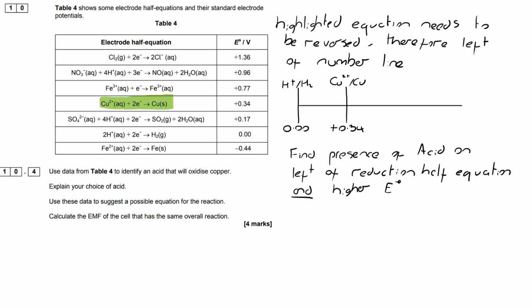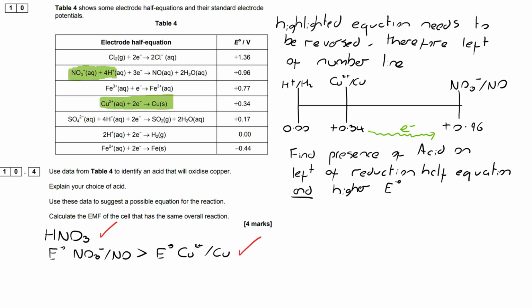So what I can then do is take a look through, and I can see that I had a choice of Cl2, I had a choice of NO3-, and I had a choice of Fe3+. Well, NO3- is a key component of nitric acid. We can see the H+ there as well. So the H+, the NO3-, that has to be the other half cell.